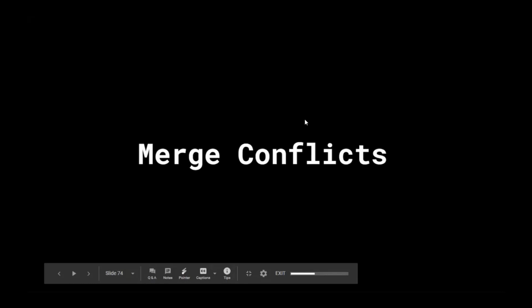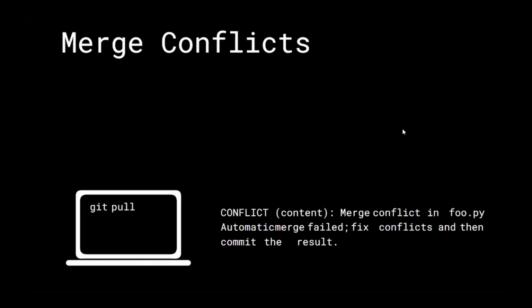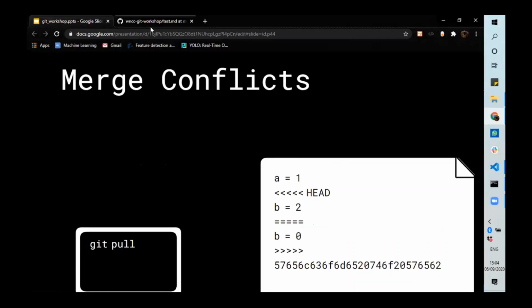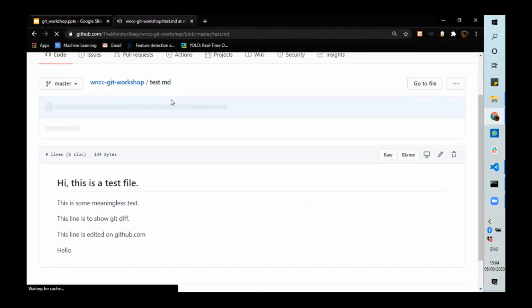Basically, a merge conflict happens when someone commits a change on GitHub.com, and you have also edited the file, and then when you try to merge both of them, conflicts can occur. So first I'll demonstrate the merge conflict.